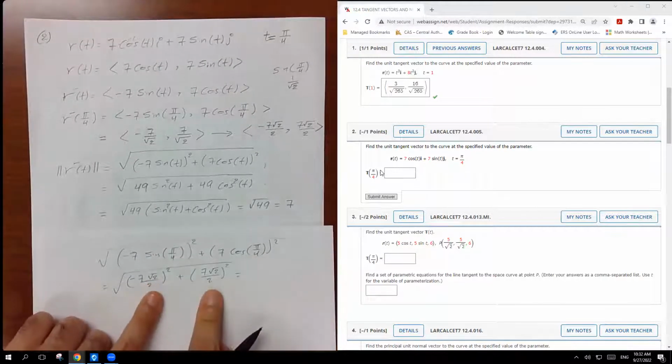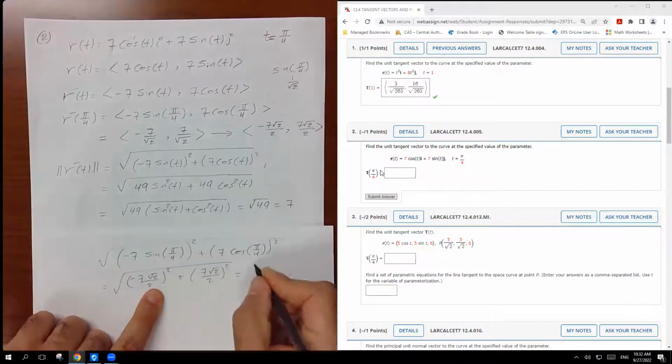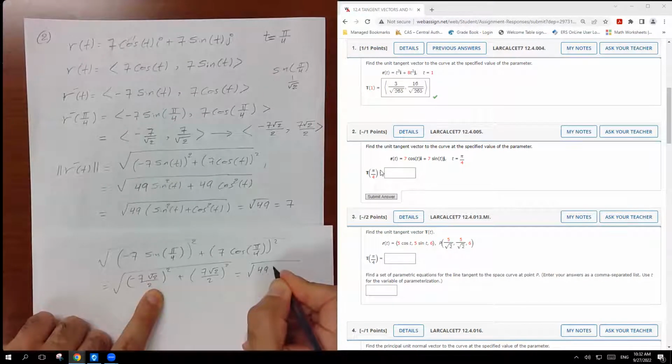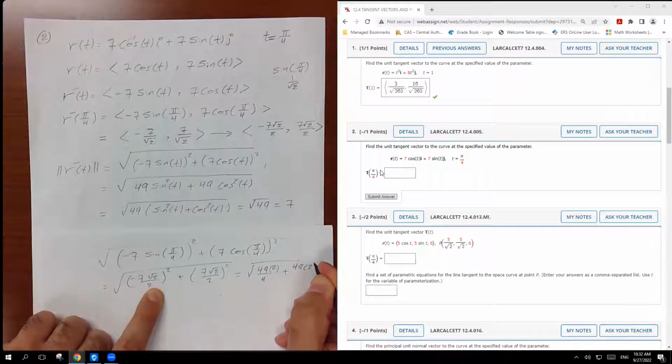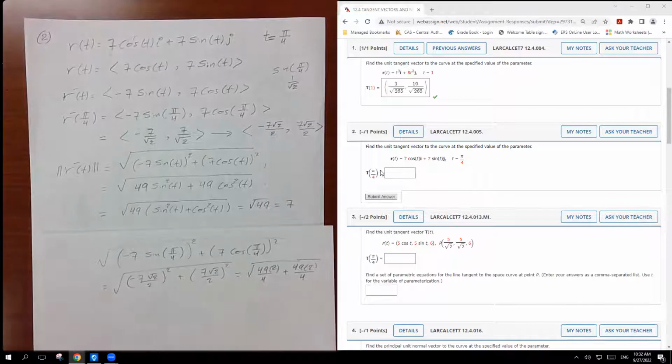If you add these together, this one is going to be 49 times 2 over 4, and you're going to add 49 times 2 over 4, because I'm squaring every part over 4. Is that going to be the same result? 49 times 2 divided by 4 is 24.5.